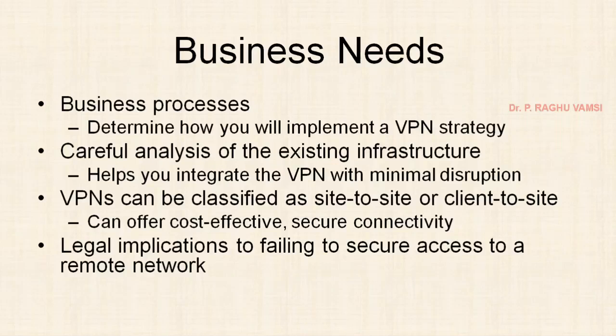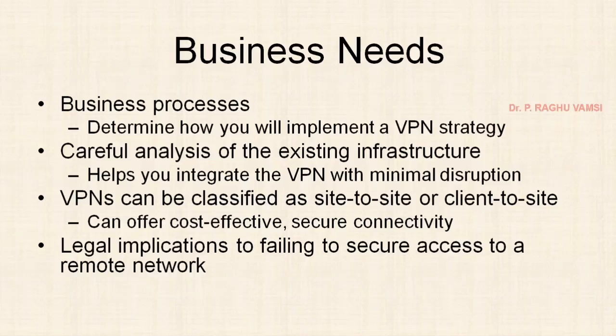So business models with which you can come to know whether you require a site-to-site or client-to-site or site to remote access. So these are three models we have seen previously. Site-to-site means organization to organization, or between the branches of the same organization, and client-to-site in the sense maybe an employee of an organization may be connecting to a branch office or maybe a main office, like that.